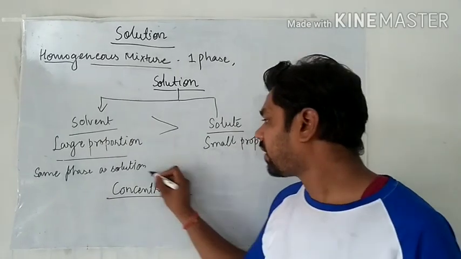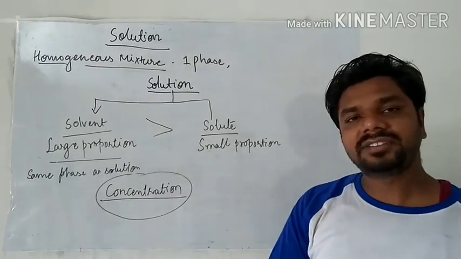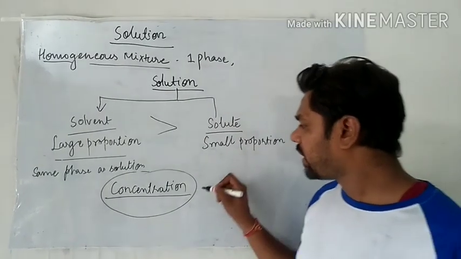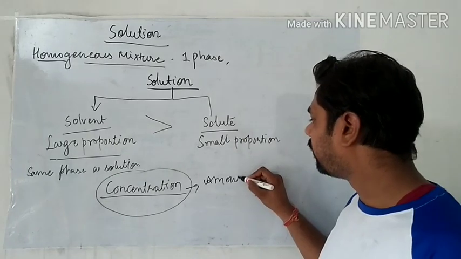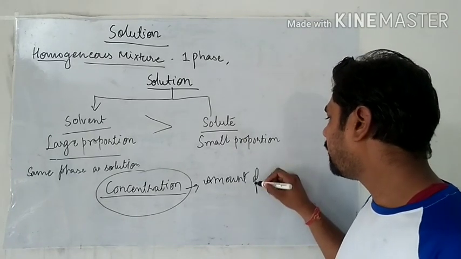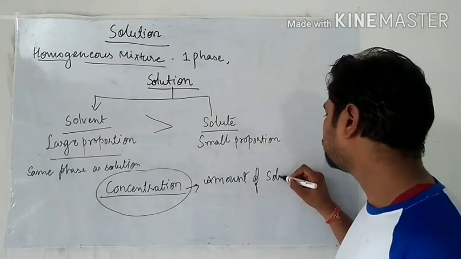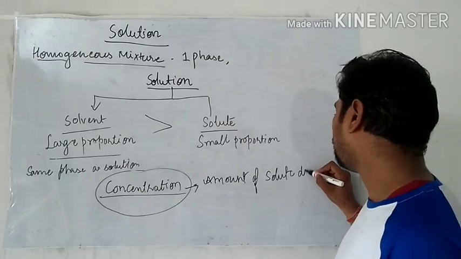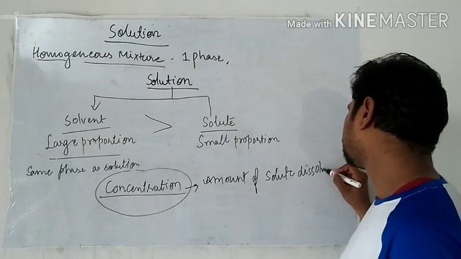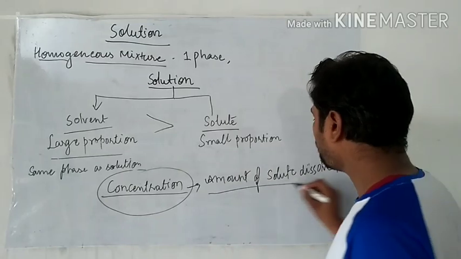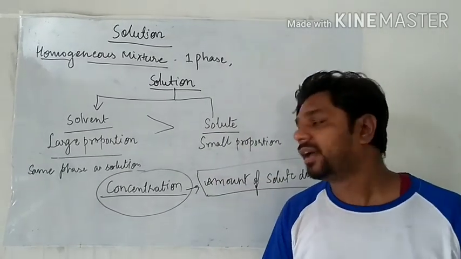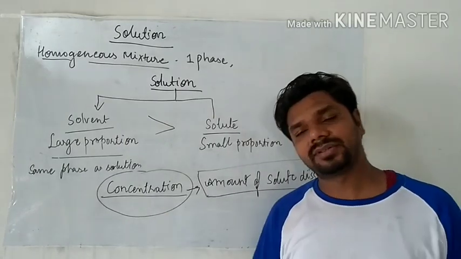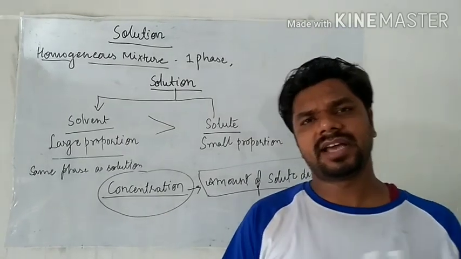But how do we define concentration? Concentration can be defined as the amount of solute dissolved. How much amount of solute is dissolved in a solution or in a solvent is termed concentration, and concentration has various types.